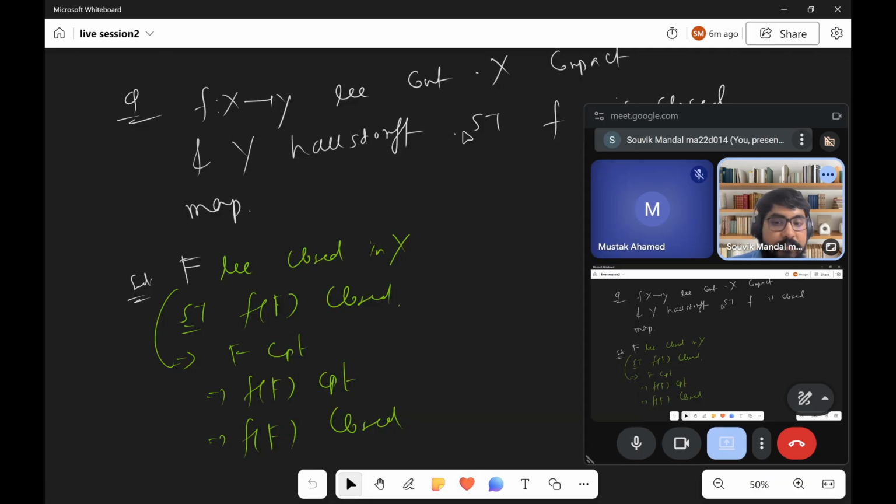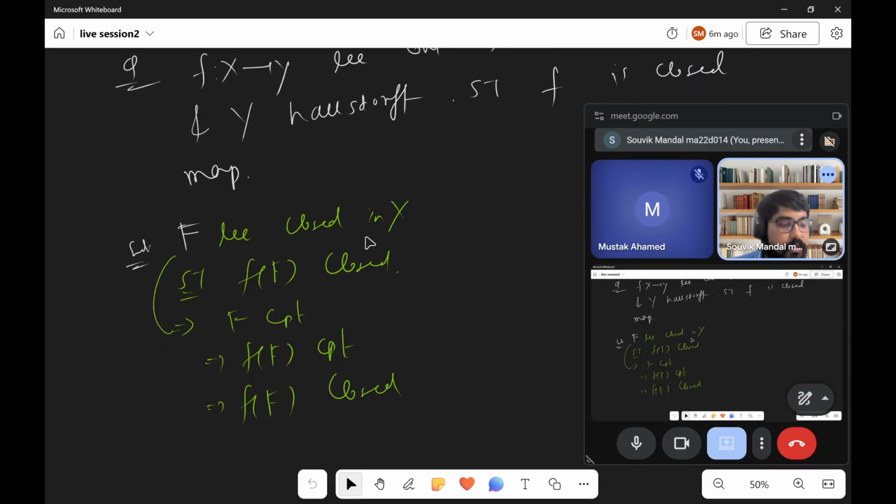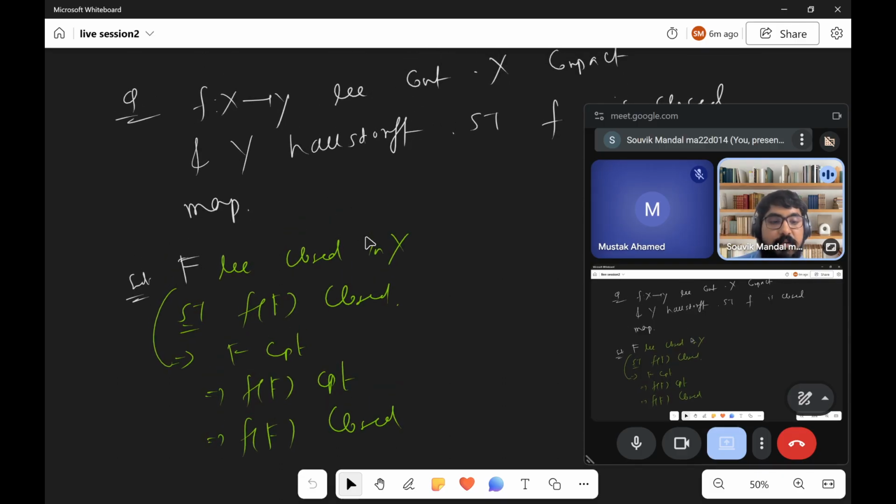Okay, so f is closed. So basically, this argument is nothing but what? If f is continuous, X compact, Y Hausdorff: a closed subset of a compact space is compact, and a compact subset of a Hausdorff space is closed. So these are the things I have used for this problem. There is nothing really much I have used. Okay. So Mustaq, please let me know whether everything is clear or not.